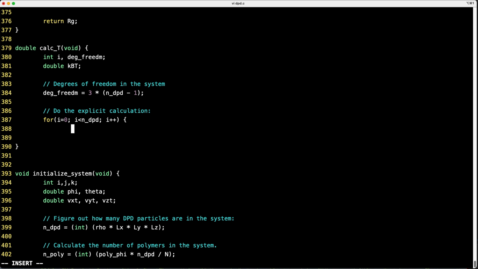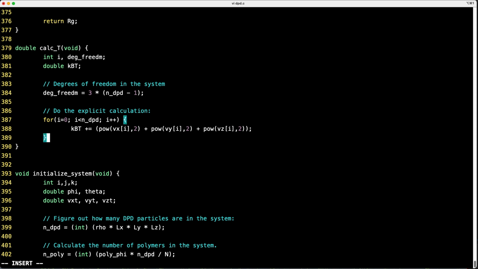We would say that KBT would be plus equals VXI squared plus VYI squared plus VZI squared.